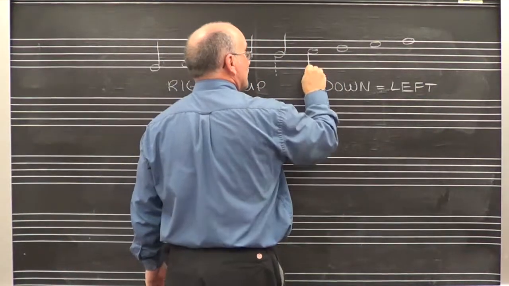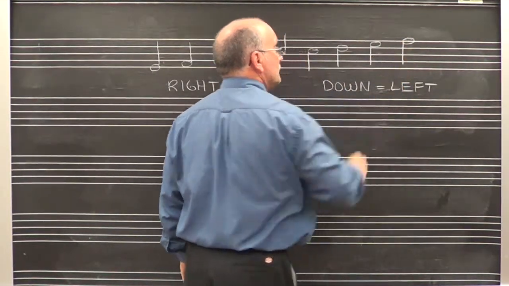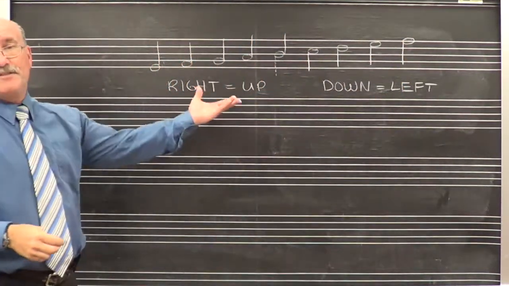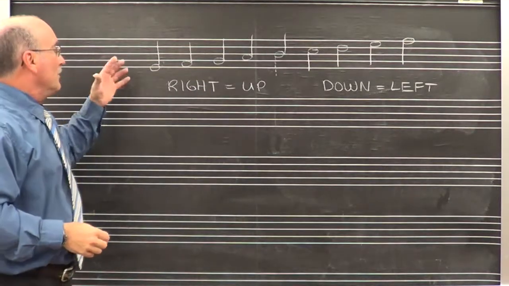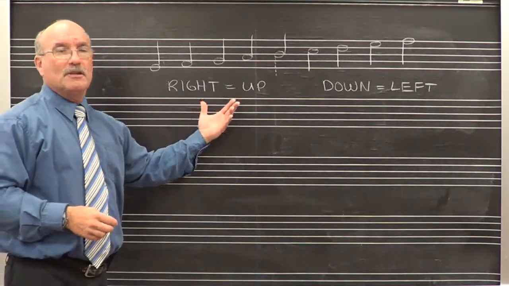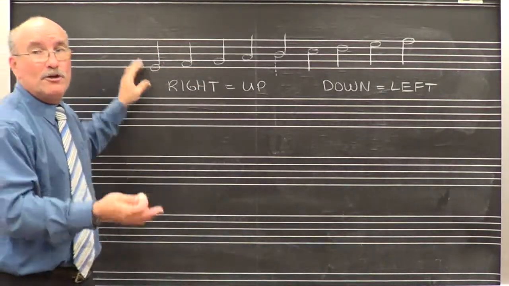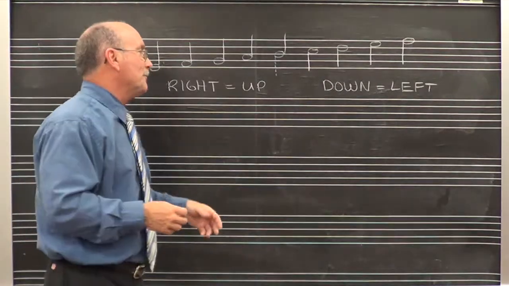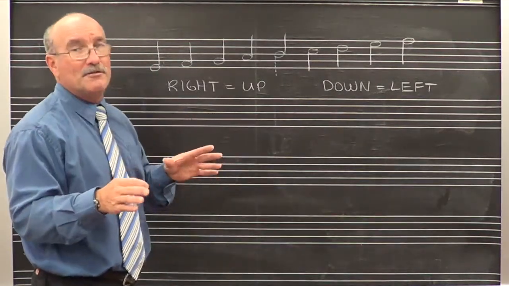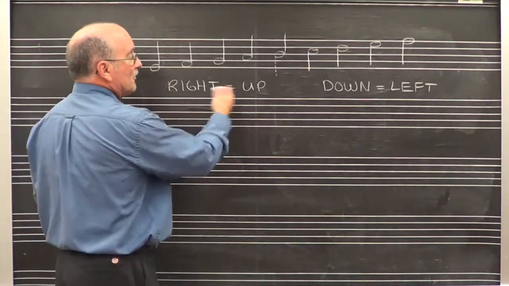So therefore I draw the stem going down on the left-hand side. Now, what you need to understand is that the reason that we do it this way is to keep it neat, to keep it within the staff, so it looks nice. That's why we do it. Nothing more imaginative than that. Just looks nice. So please remember, these are interchangeable.